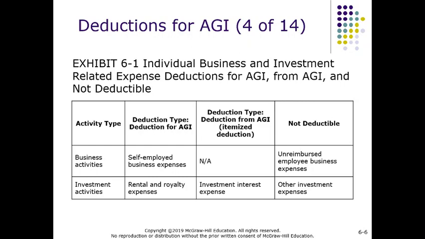Other investment activities. You buy stock, you hold it. That's an investment activity. Any expenses incurred are from AGI deductions. And so an example they use is investment interest expense.